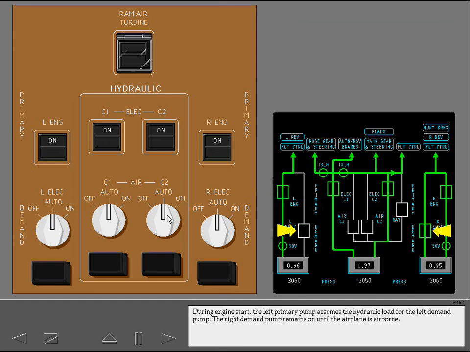During engine start, the left primary pump assumes the hydraulic load for the left demand pump. The right demand pump remains on until the airplane is airborne.